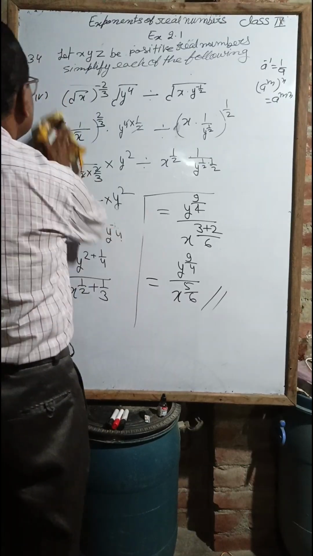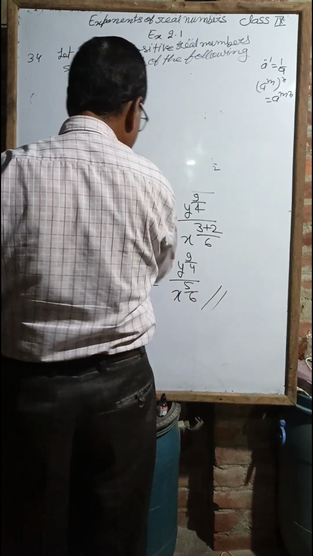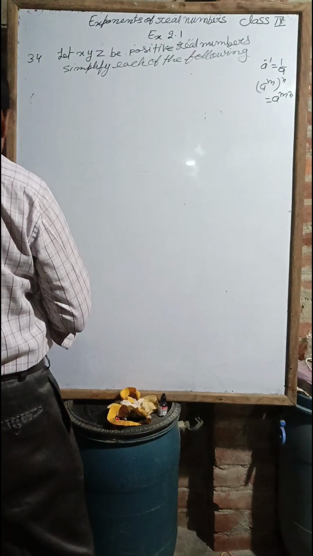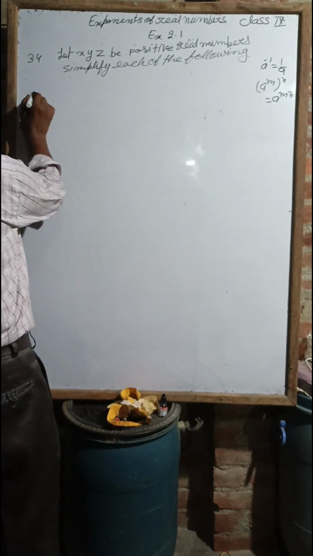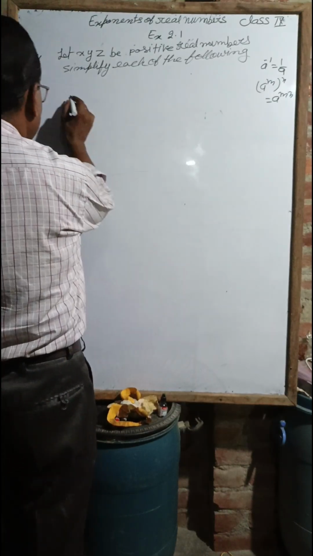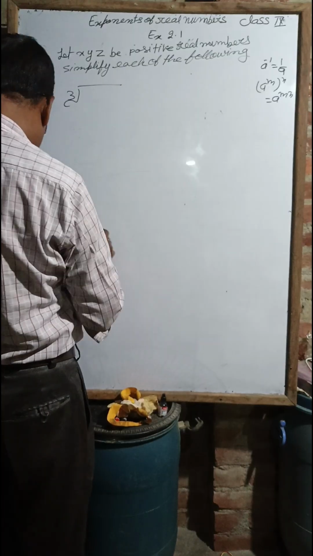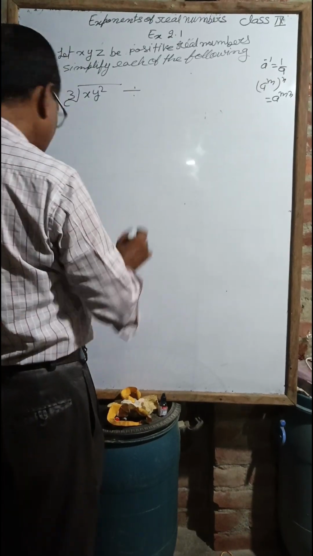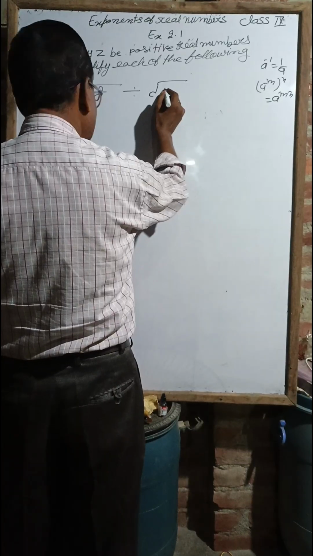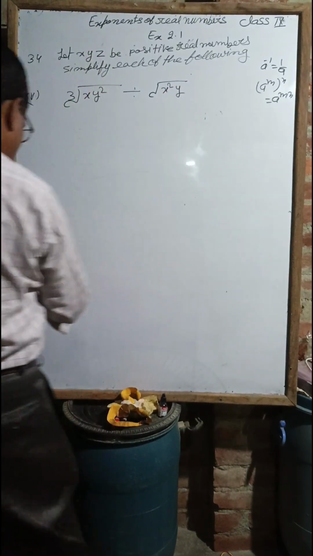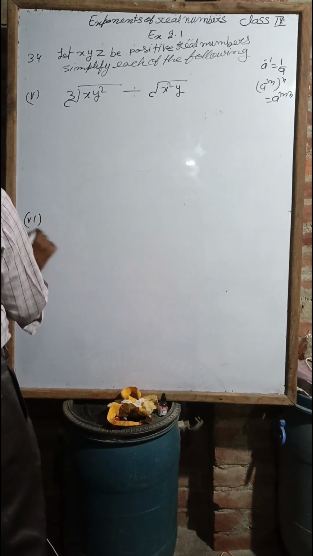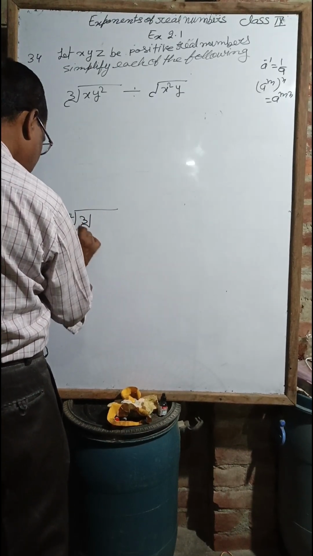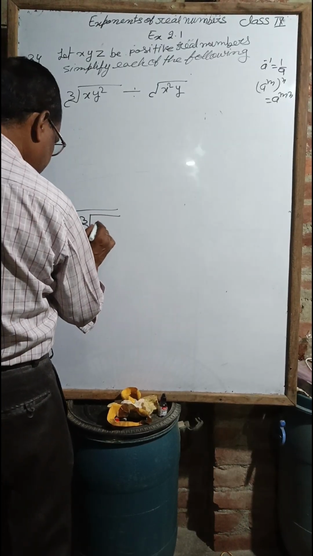Last question. Part B, cube root of xy square, divided by square root of x square y, and the last part, fourth root of cube root of x square.